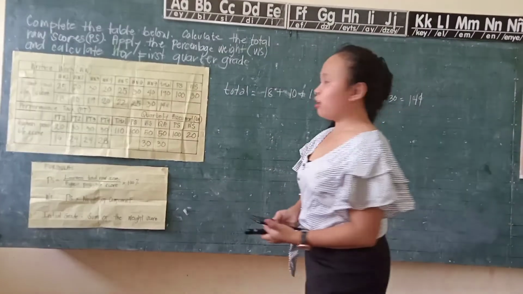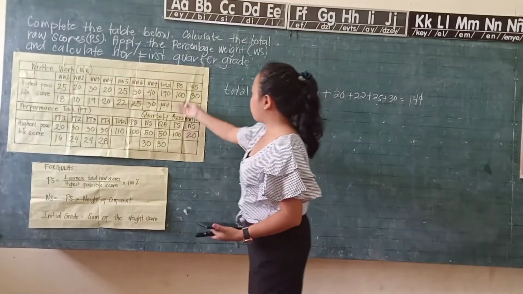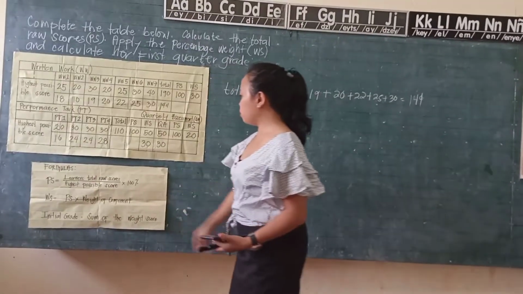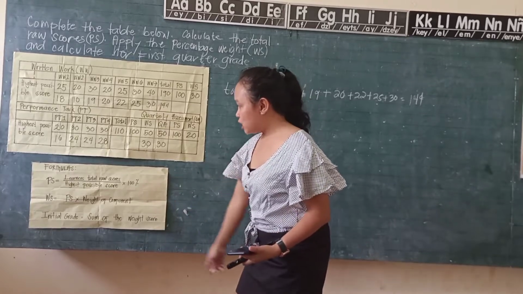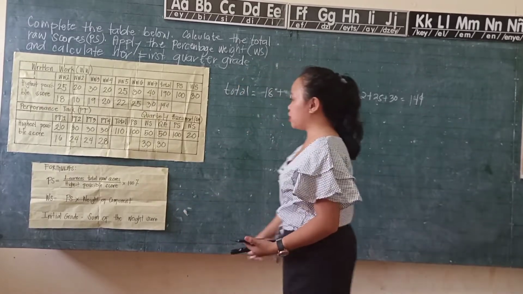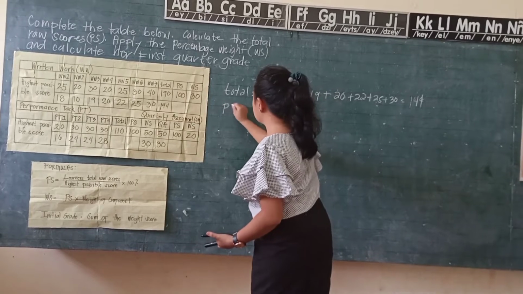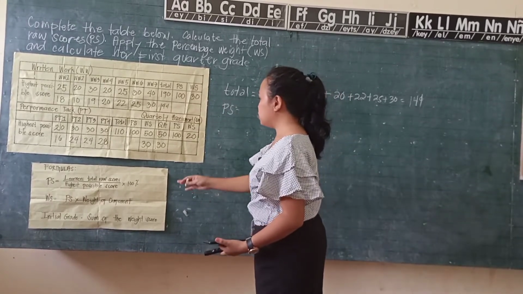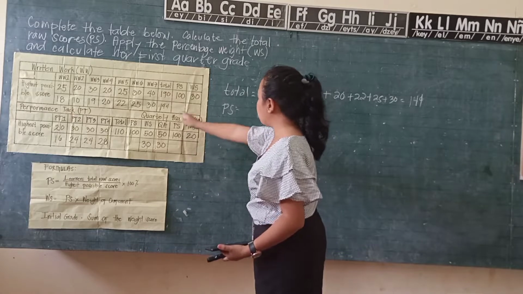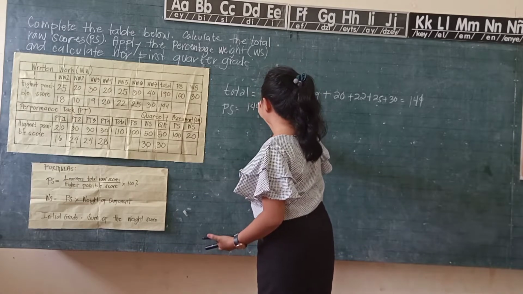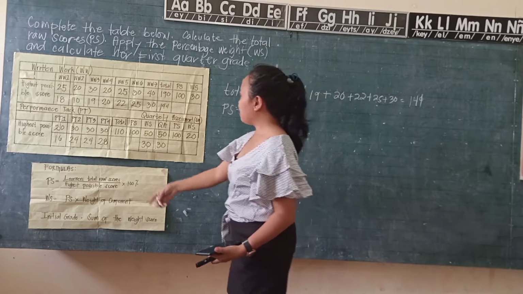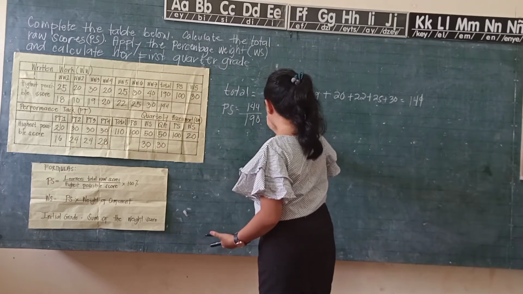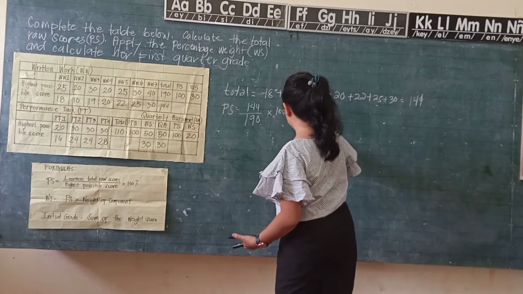So next, we are going to find the percentage score with the use of the formula: learner's total raw score divided by the highest possible score times 100%. So PS is equal to the learner's total raw score, 144, divided by the highest possible, which is 190, times 100%.